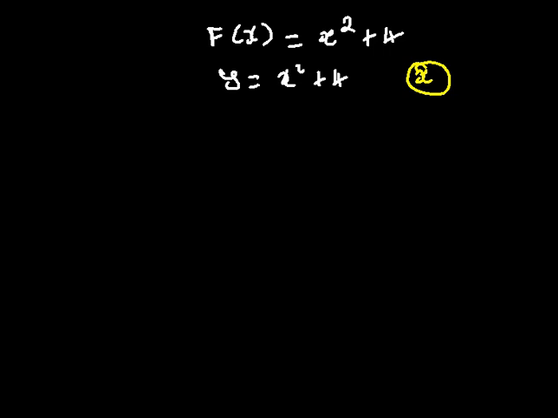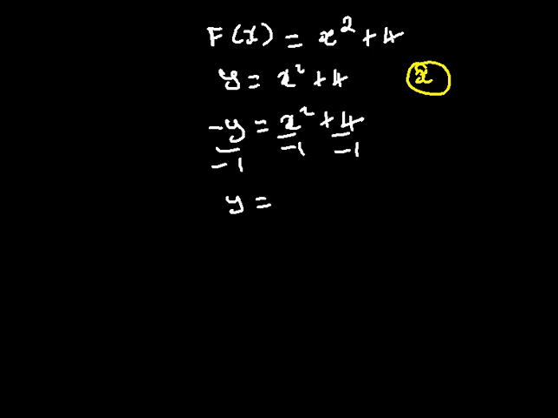Now for symmetry about the x-axis, we replace y with negative y. So for this case, we'll have negative y is equal to x squared plus 4, and we divide everything by negative 1.